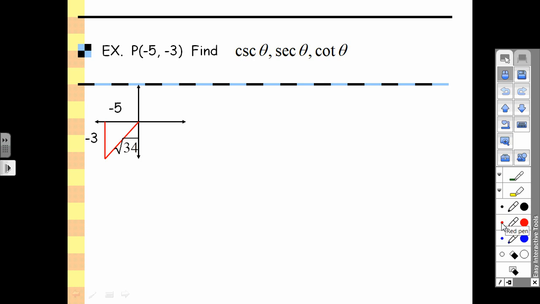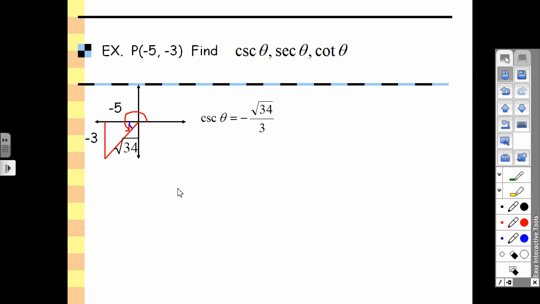So remember, this right here is theta, but we're using our little reference angle, this angle right here, to calculate it.